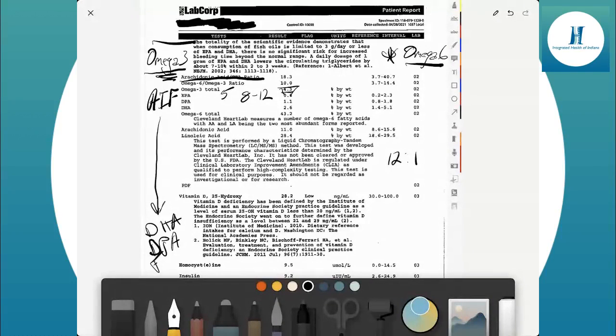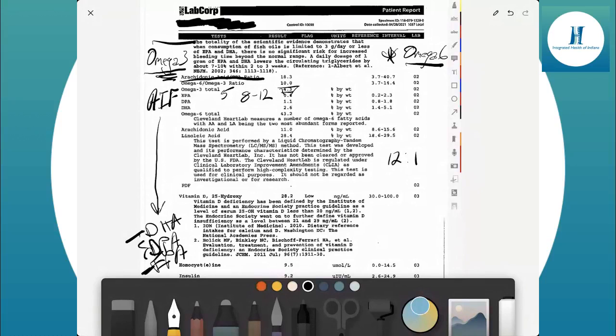And then EPA. Those fats are the anti-inflammatory fats, and they heal the brain and they heal the nerves, and this one can go either way. So that's where we're at with that.